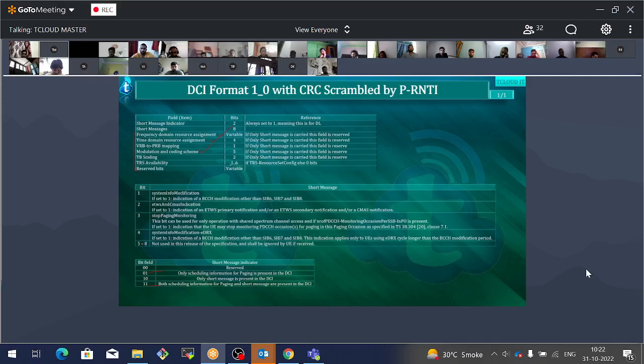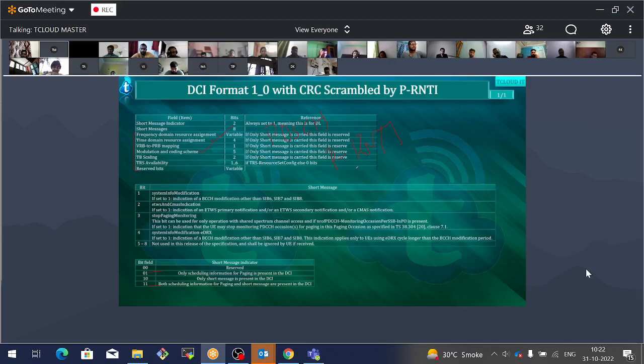Indirectly, the network is telling you that, hey, there is some resource block reserved on PDSCH for P-RNTI. Please download that resource block, which I am indicating here with this frequency domain resources and time domain resources.